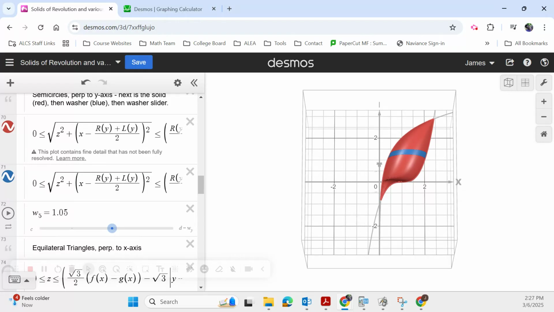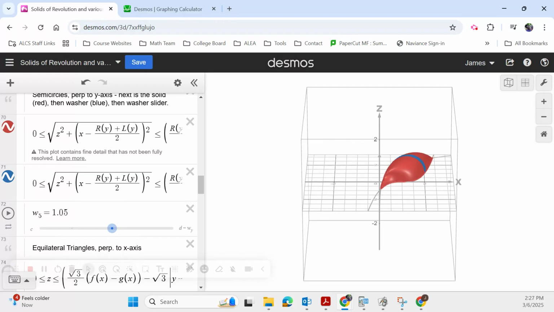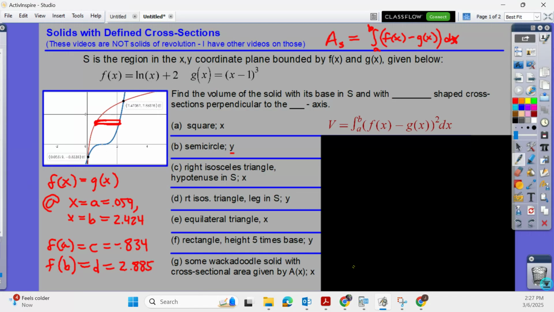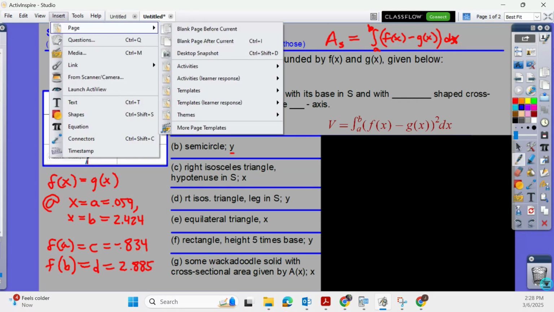So again, the idea here is we just need to integrate that cross-sectional area, right? And so with the semicircles, we just need the area of a semicircle, right? And a semicircle is obviously half a circle. I'm going to go to a blank page here for a second.